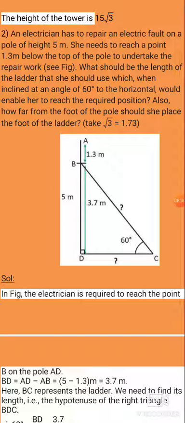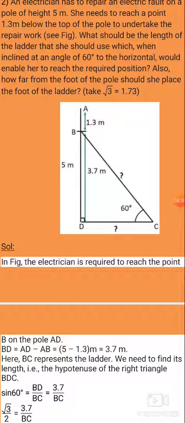Here, BC represents the ladder. We need to find its length, that is the hypotenuse of the right angle triangle, which one? BDC. Now, in this triangle, we need to find out first BC. Here, BD we can find out using AD minus AB, the total AD is given.